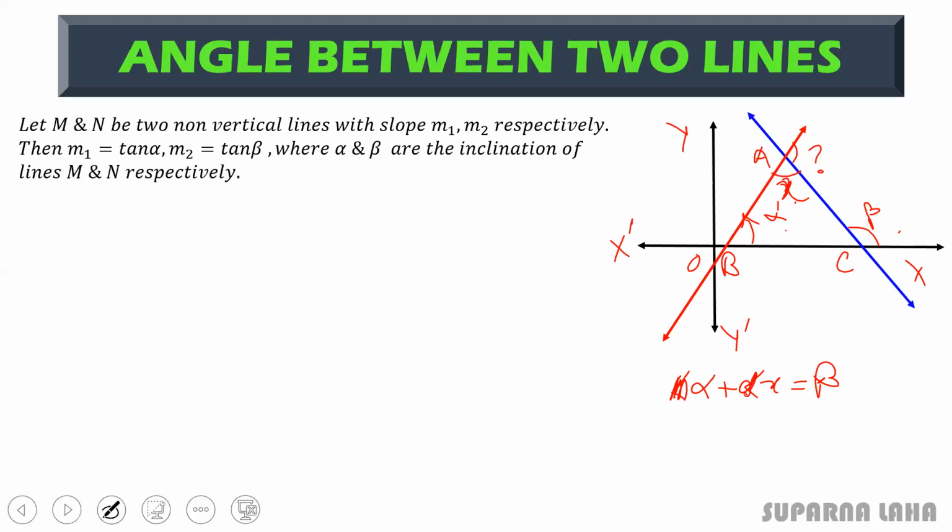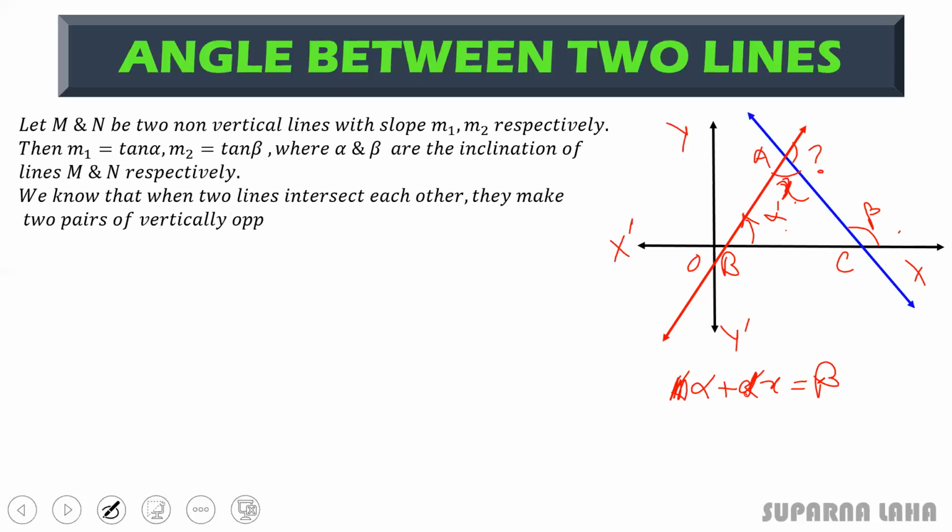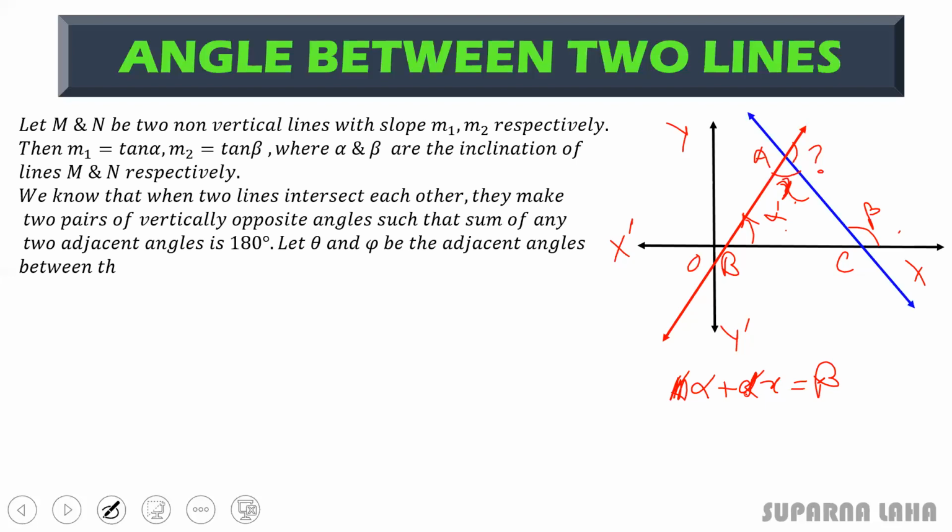Okay. Now if the angle made by these two lines is theta, here I am taking this angle as theta, so this is theta and this is phi.